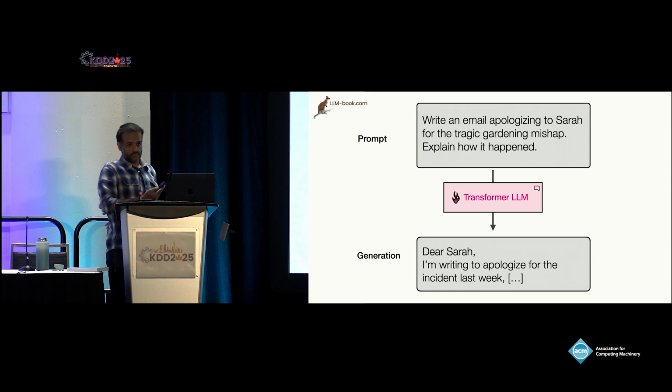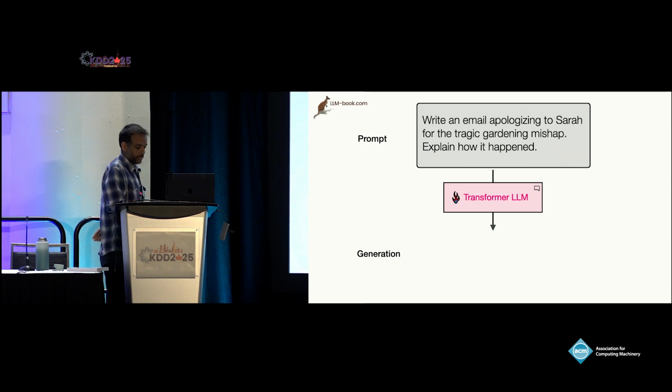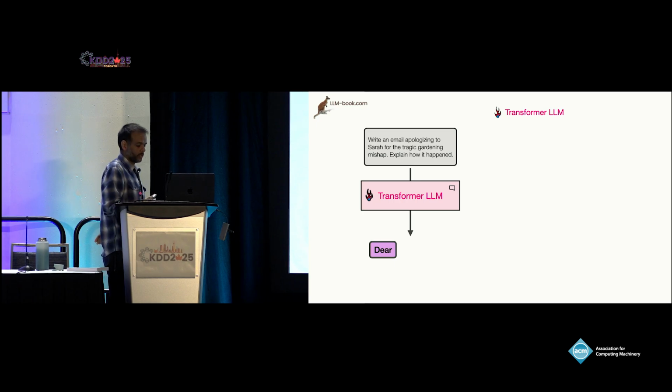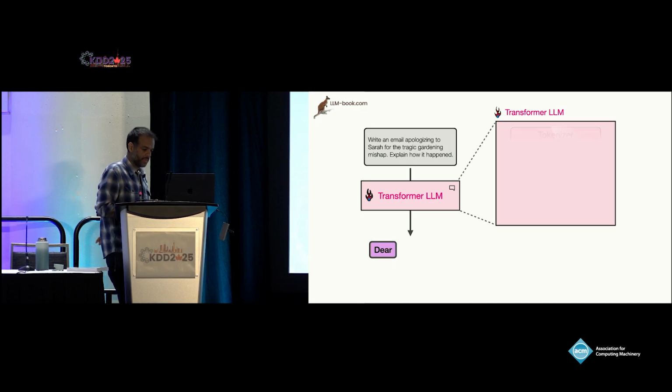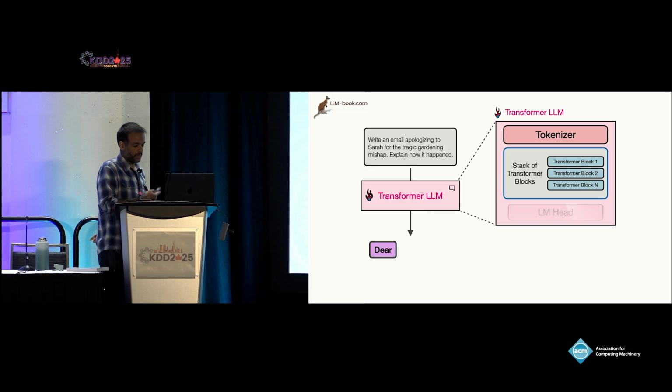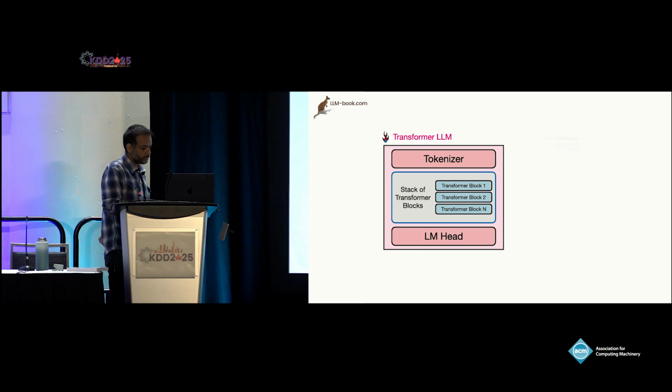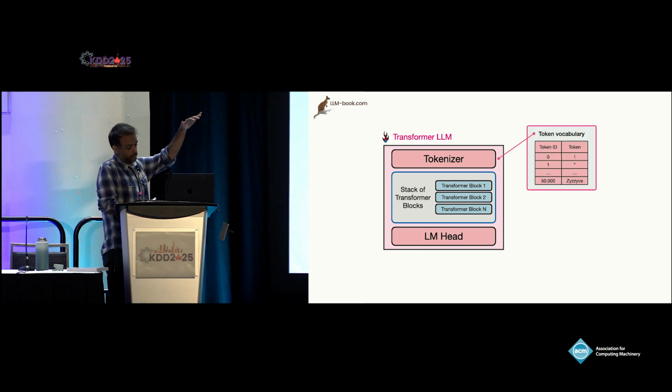To have a sense of the transformer large language model, the first intuition is to understand that it generates tokens one by one. Even though we see the final text all at once, it's actually generated one by one, and then that goes through these 3 major components, where you have the tokenizer, the stack of transformer blocks, and the language modeling head. And the process goes through them sequentially.